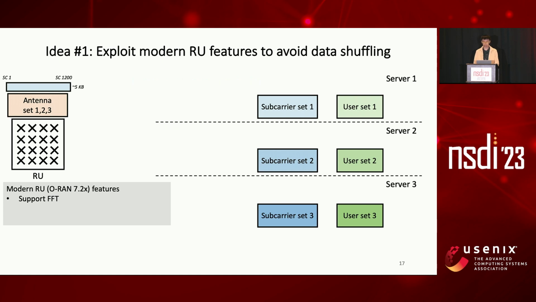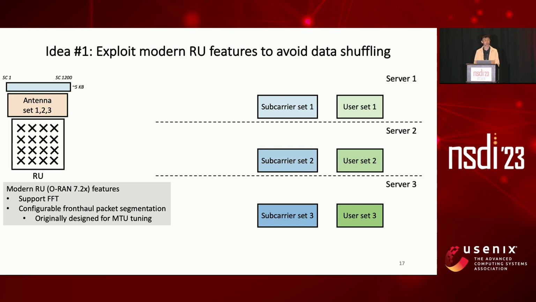The good news is that modern RUs support another feature, which is configurable front-haul packet segmentation. This feature is originally for MTU size tuning, which allows a large front-haul packet to be segmented into small sizes so that they can go through the network with smaller MTU sizes.